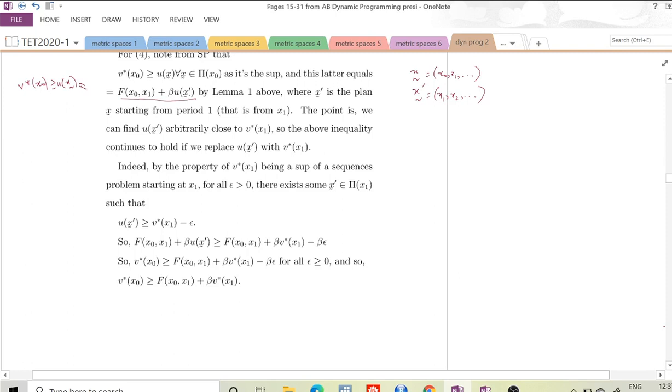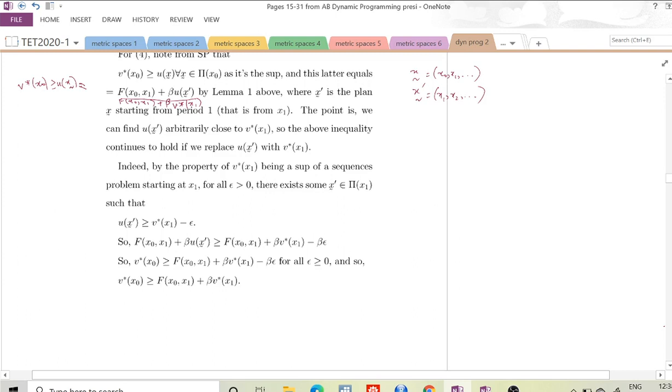And what we wanted to show was V star of x naught is greater than or equal to f of x naught x1 plus beta times V star of x1, for any x1. Then it would show that V star of x naught is the sup of all these. So what we want to be able to do is just replace this u of x tilde prime by V star of x1 without disturbing this inequality.